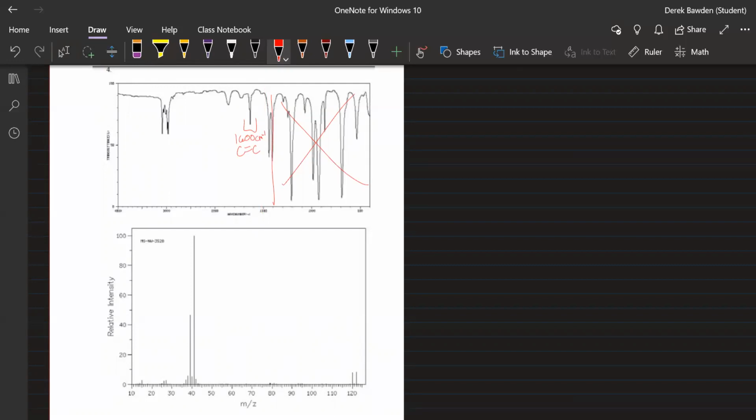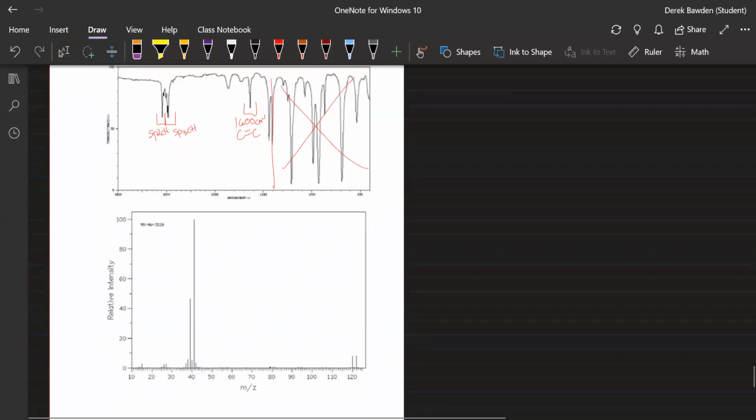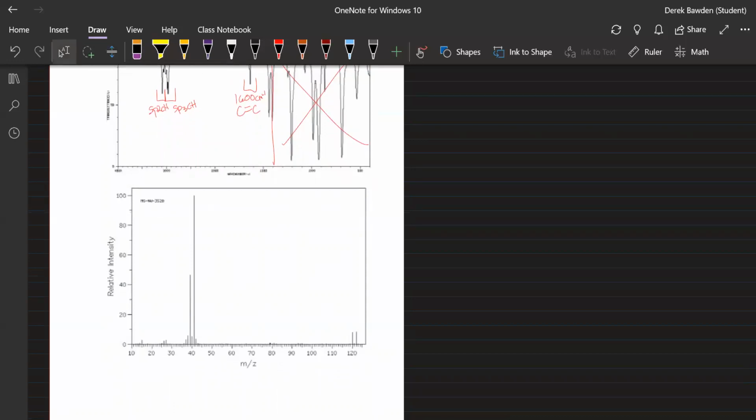Then we've got just above 3,000 sp2 CHs, and just below 3,000 is our sp3 CHs. What does an sp2 CH tell us? They're just the hydrogens attached to that C double bond C, right? So just watch out for those. And then our mass number down here is 120 and 122.